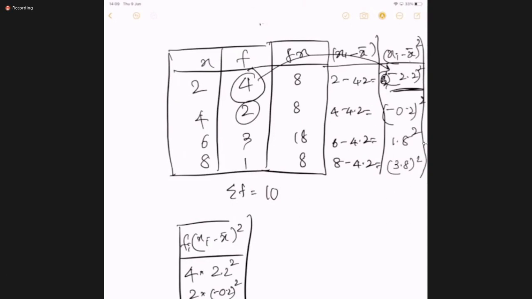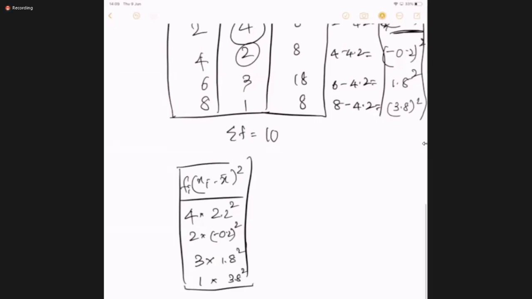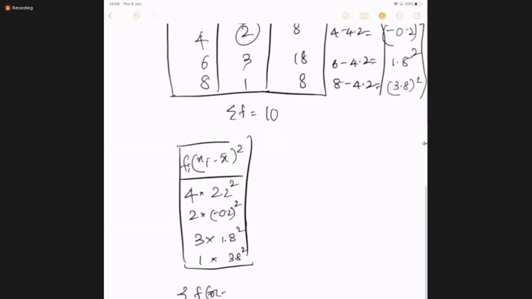Therefore, when you multiply that column by the frequency column, you will get only positive terms. Okay. Then 3 times 1.8 squared, 1 times 3.8 squared. After getting this column, you can simply get the summation as a positive value. You have to add all the square terms.